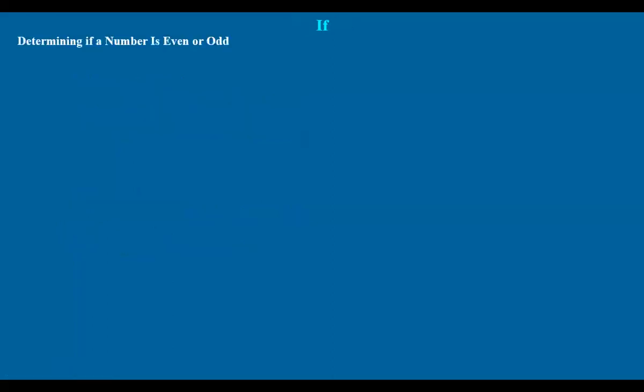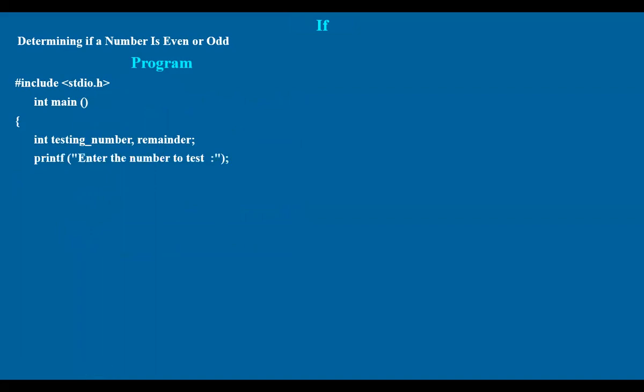Let us see. Implement the same program here and write the testing number. We are taking a number here, and the remainder is another variable. We are assigning the value here, testing number. The remainder is obtained here by testing number modulus 2, and it is assigned.